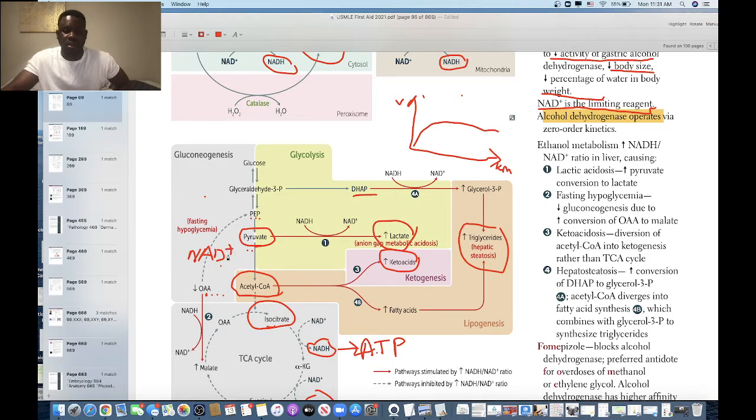We need it badly at this place, but now we've converted all of them into NADH, so therefore oxaloacetate cannot be converted into PEP. Understand that very well. And so all the oxaloacetate will be converted back into malate, and then we cannot have gluconeogenesis. This is how gluconeogenesis occurs, from oxaloacetate to PEP, then it continues to glucose.